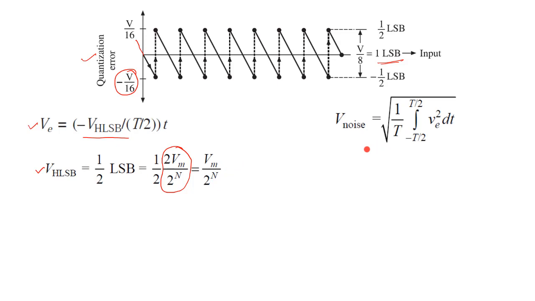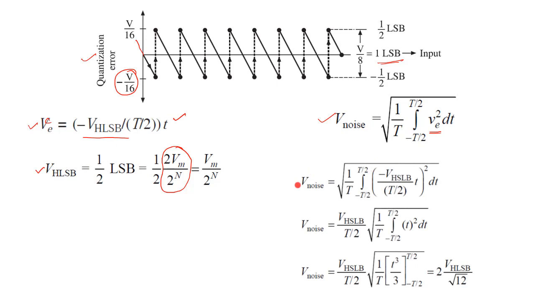Now we know V noise; if we find the RMS value of this V noise signal, the formula for RMS value will be 1 by T integration from minus T by 2 to T by 2 of V squared dt. Now, the expression of V is here. Substituting it in place of V, we will get this, and again integrating it, V noise will become this.